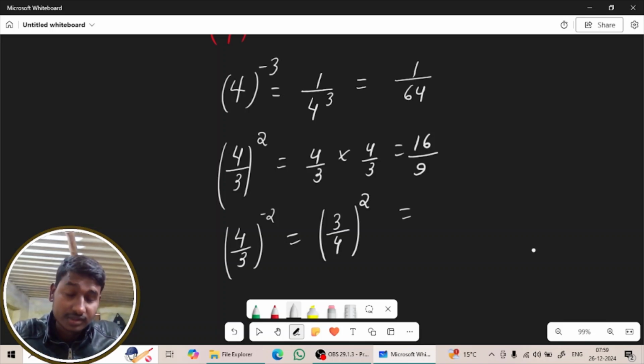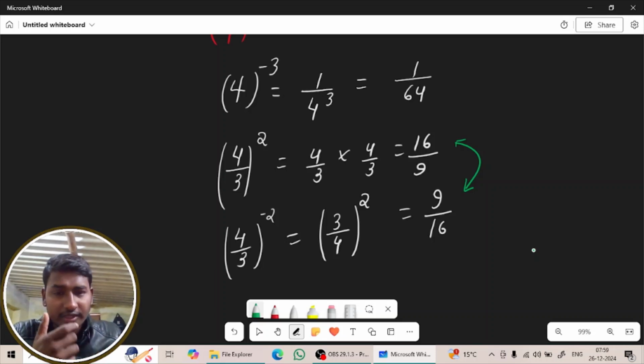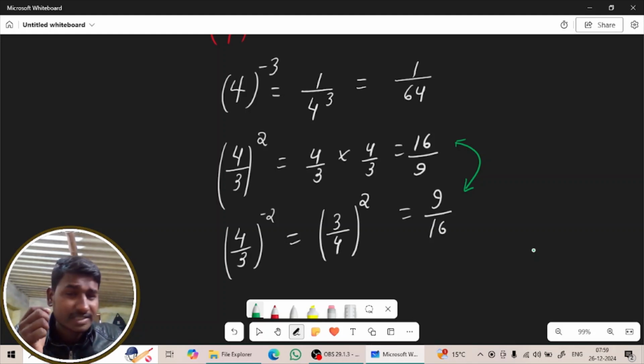Now 3 squared is 9, 4 squared is 16. Now you see here, if the exponent is negative, we get the answer as the flipped one: the numerator goes into the denominator and the denominator goes into the numerator.